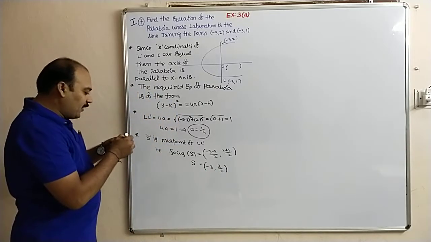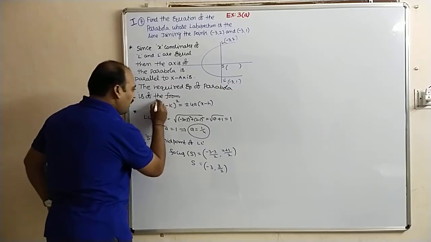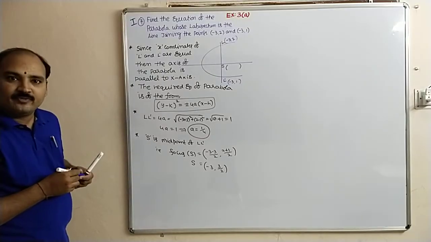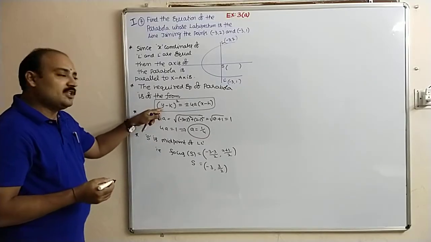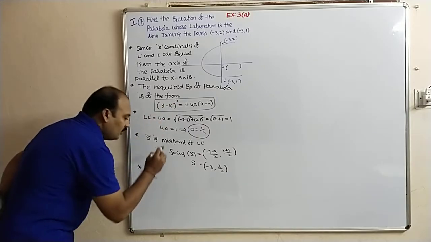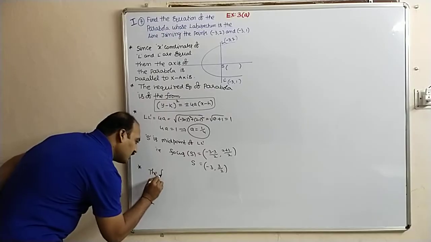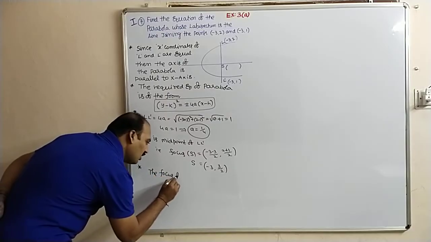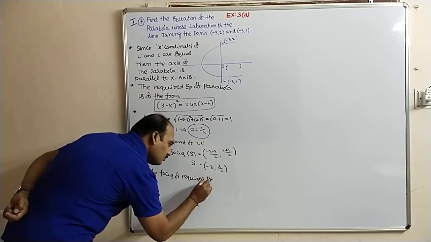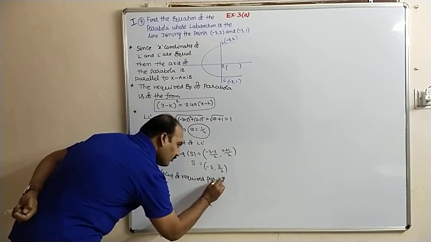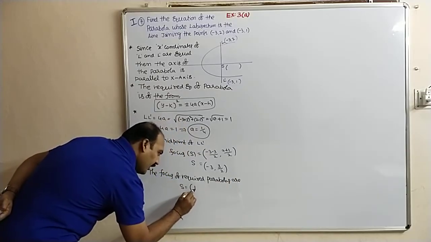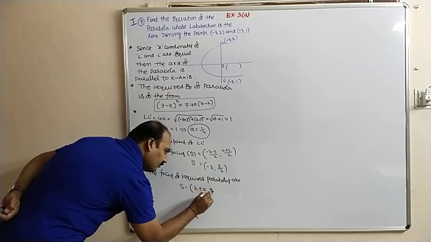But for this type of parabola, y minus k whole square equal to plus or minus 4a into x minus h, the focus of these type of parabolas is h plus or minus a comma k.